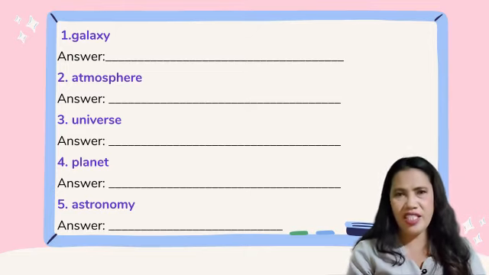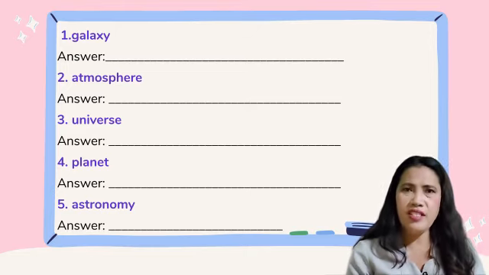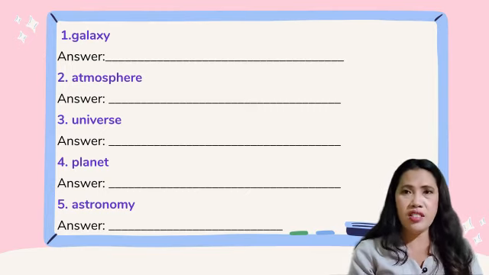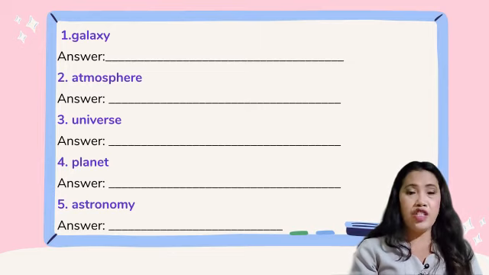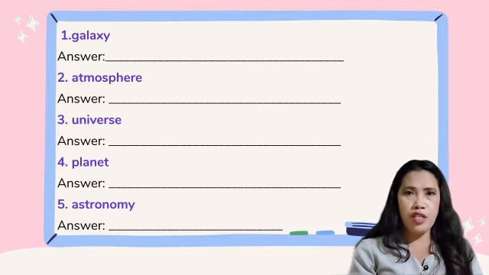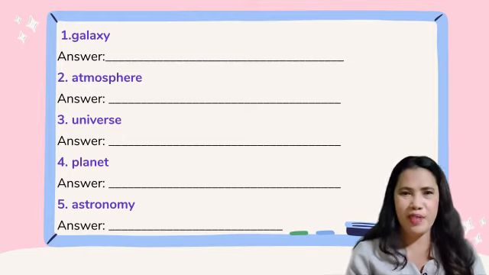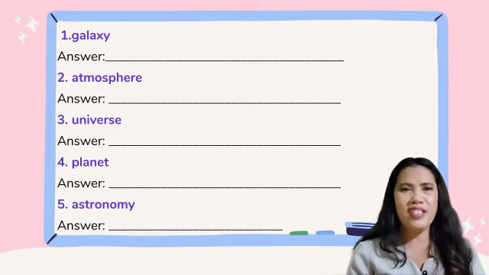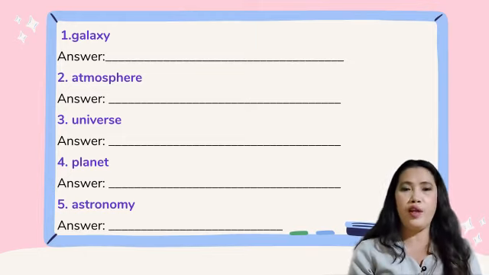So for the directions, write your own definitions of the following words. Include articles such as the, a, or an where necessary. Don't forget to observe the key pointers discussed and correct grammar. So this is now the totality of your learnings.